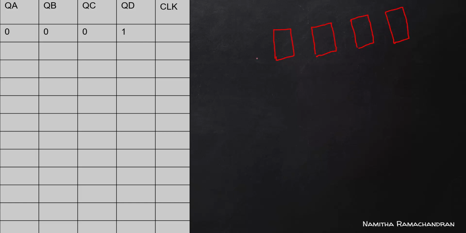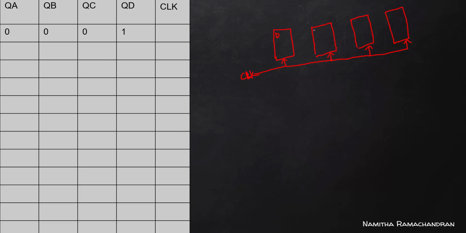How can we implement the input connections? For the clock input, we have to choose one external clock pulse and it should be synchronous. That means the same clock pulse we have to connect with all the 4 flip-flops in a synchronous fashion. And how to connect the input?